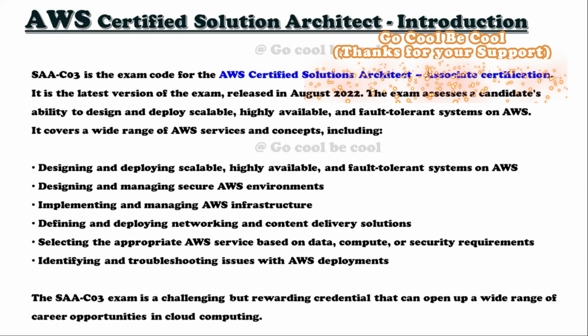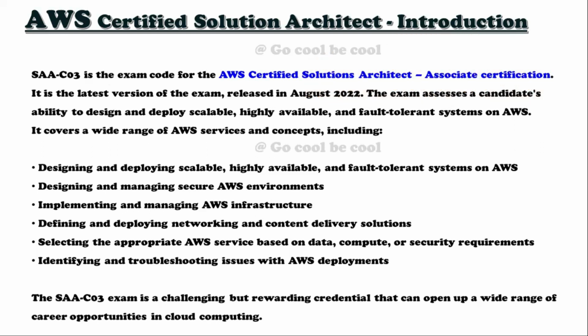SAA-C03 is the examination code for the AWS Certified Solution Architect Associate certification. It is the latest version of the exam, which was released in August 2022. The exam assesses a candidate's ability to design and deploy scalable, highly available, and fault tolerant systems on AWS.